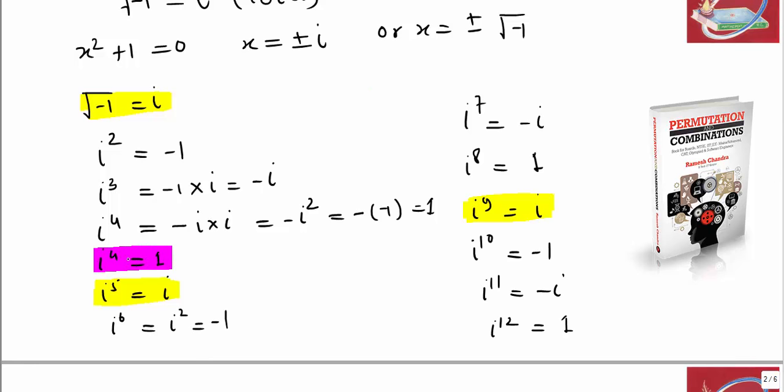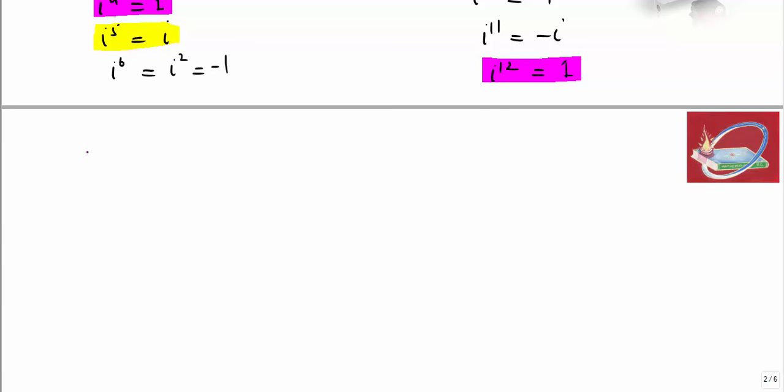You can see that I to the power 4 is equal to 1, I to the power 8 is equal to 1, and I to the power 12 is equal to 1, and this repeats after 4. So we have a number like I to the power 4k, where k belongs to integers. So I to the power 4k is equal to 1.